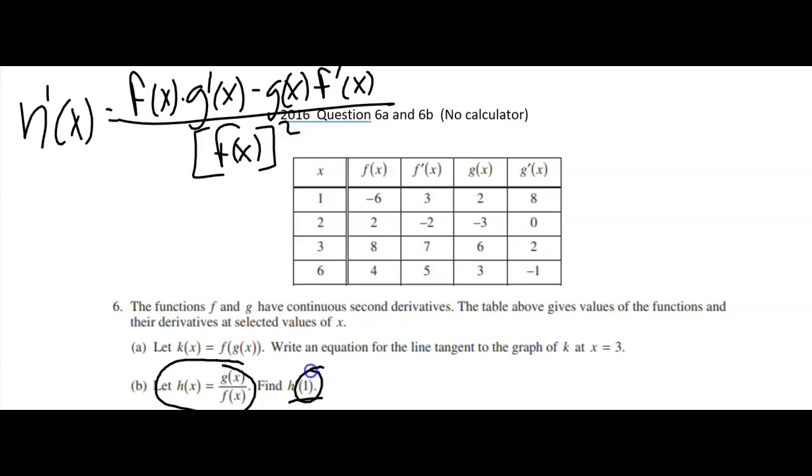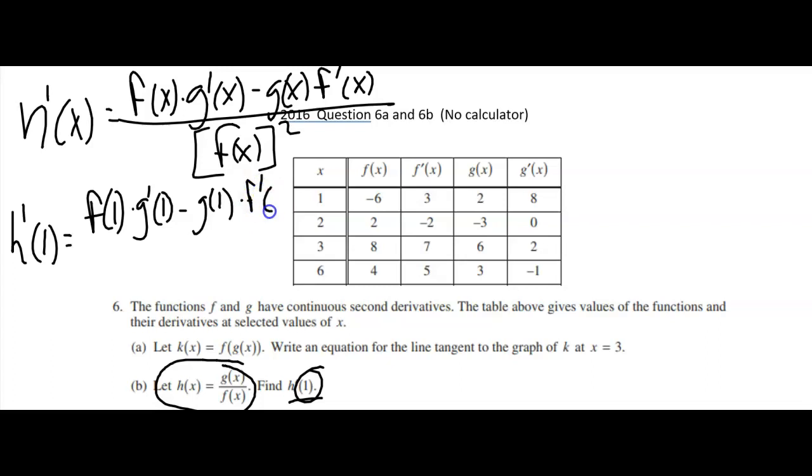Now I'm plugging in 1, so let's do that. H prime of 1, and then we're going to use our table to fill in the blank. So we have f of 1, which is negative 6.